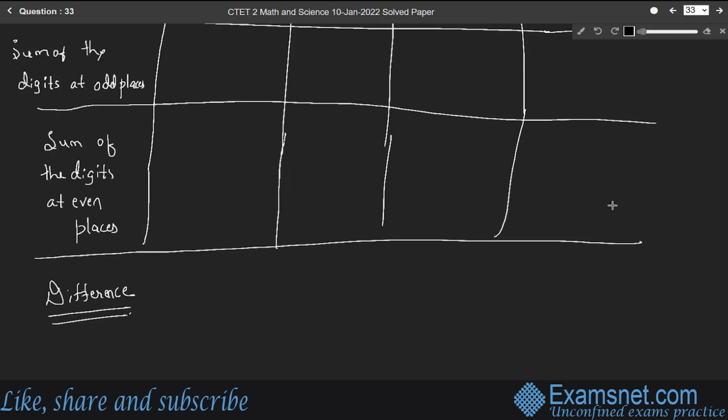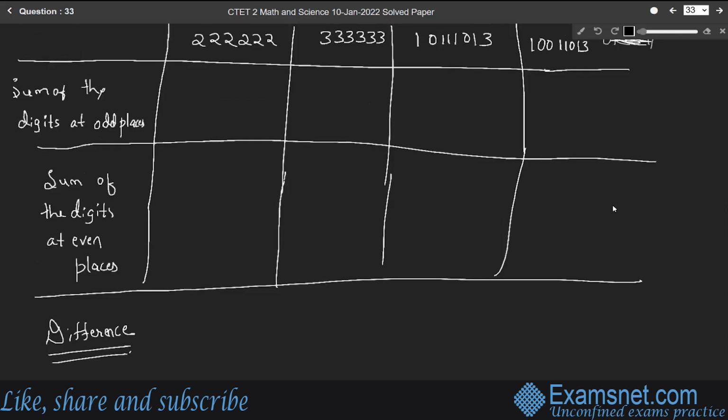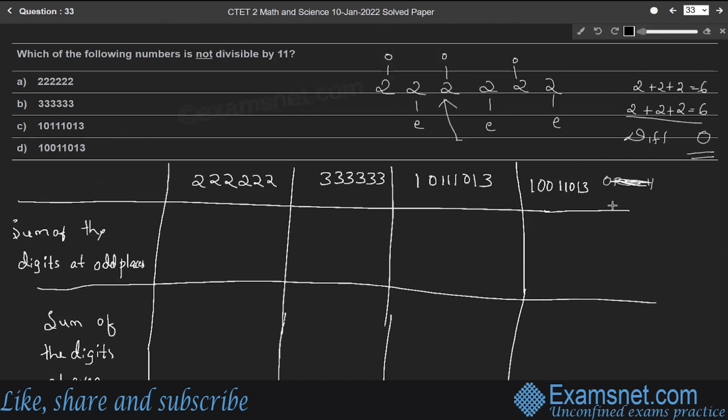So, let us come to the numbers. Sum of the digits at odd places. So, this is first odd place 2 plus 2 plus 2, which is equal to 6. Sum of the digits at even places.